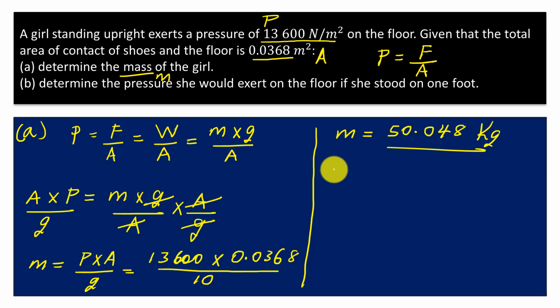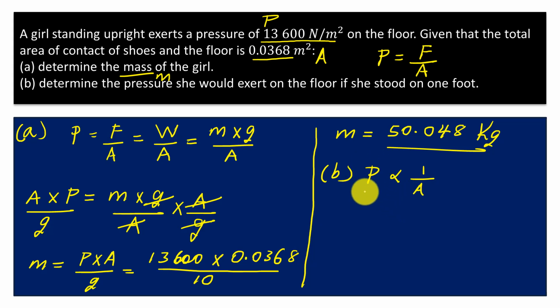Now, in part B, we are told that now she stands on 1 foot. This is like saying that the area has been halved. The area has been halved. There are two methods that we can use here. We can use this expression, the fact that pressure is inversely proportional to area.